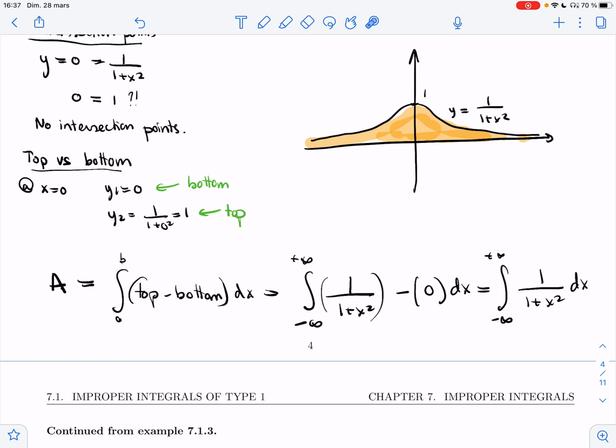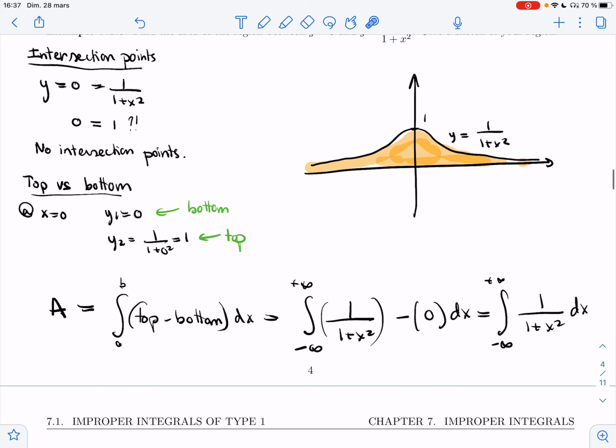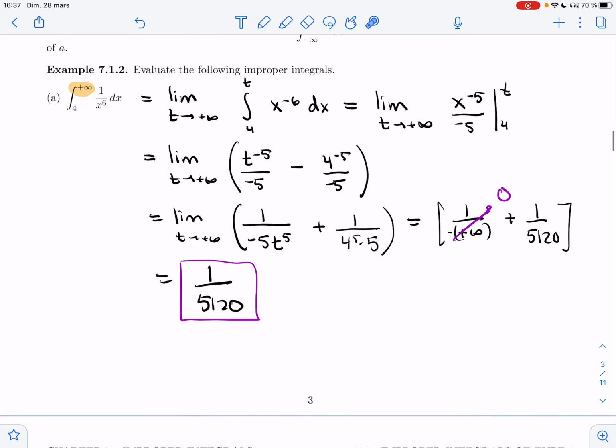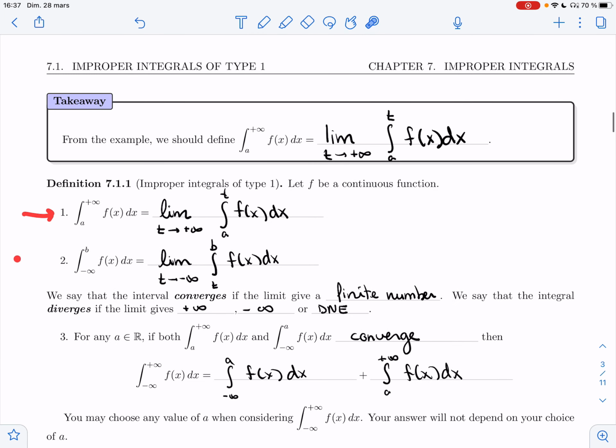All right, that means we need to integrate an improper integral that has both bounds infinite. So that's what I said when I said I want to do something slightly different. We'd seen these two cases, but we haven't seen that one yet.